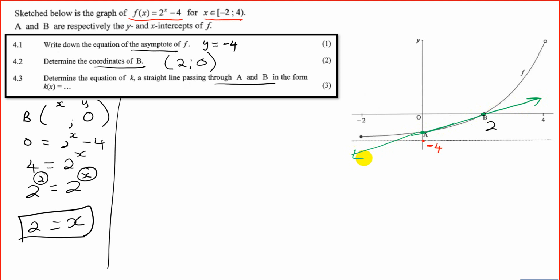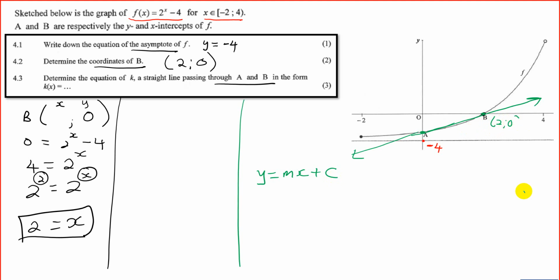We all know that the equation of a straight line is y equal to mx plus c. So there's our equation, y equal to mx plus c. So we have point B, which in coordinate form gives us 2, 0.